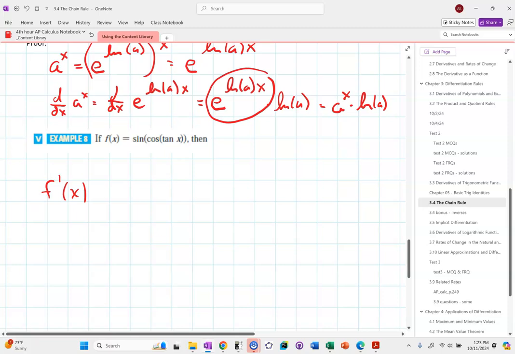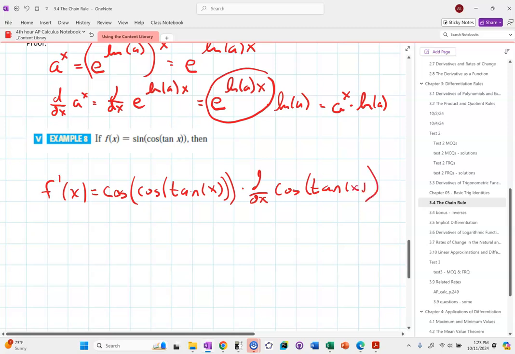Sine x. So I'll do the derivative of the outside. And then we have the inner stuff. And then times the derivative of the inside stuff. Everybody okay there? Now to do the derivative of cosine of tangent, what do we need to use?